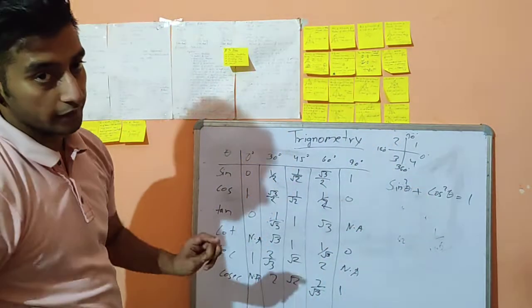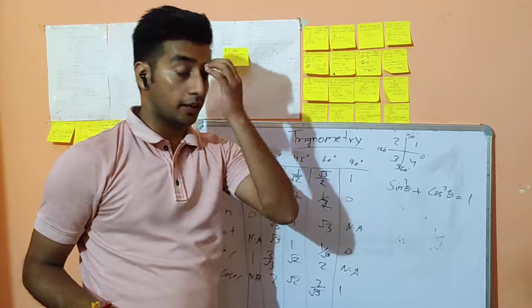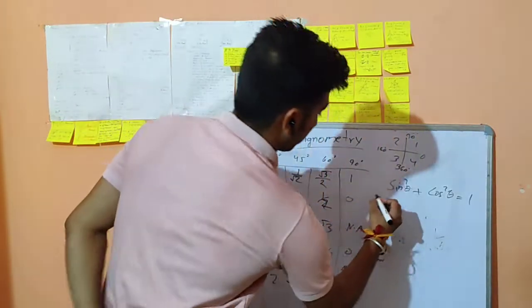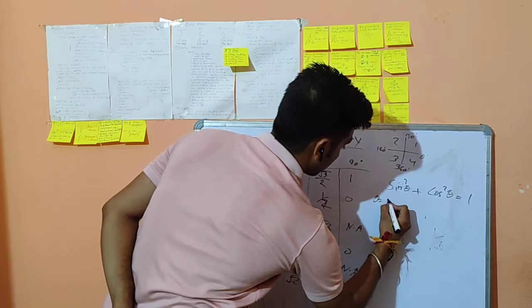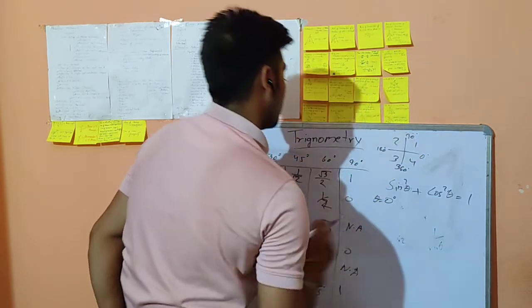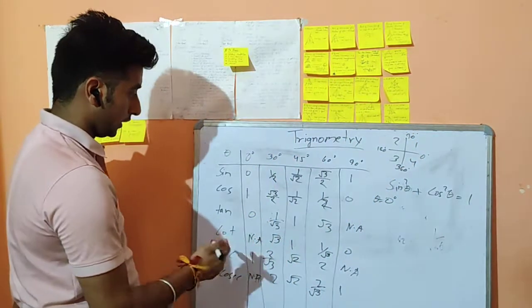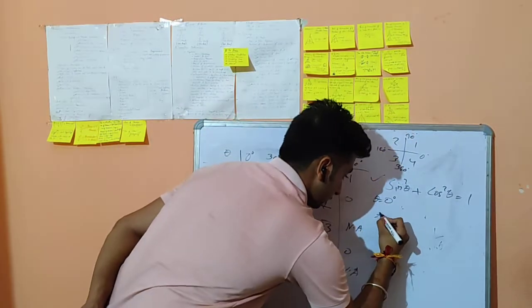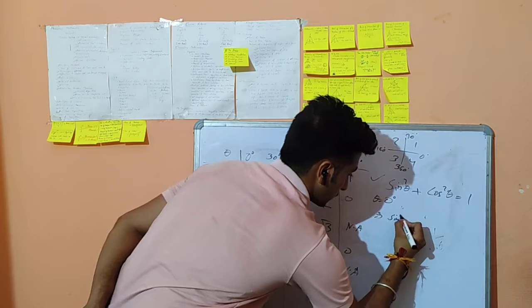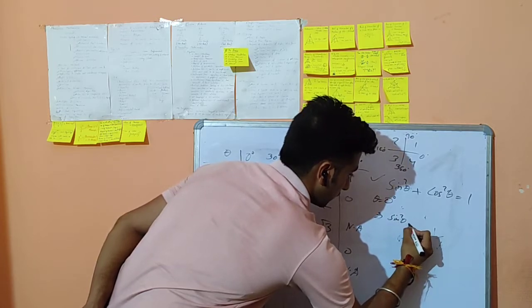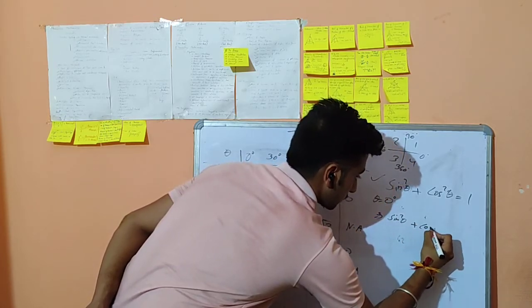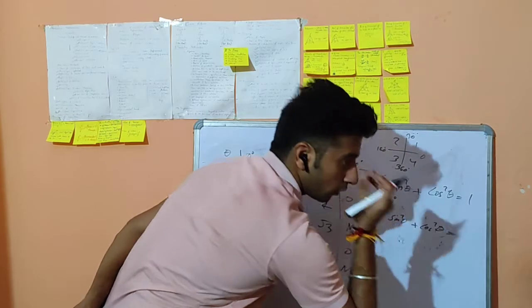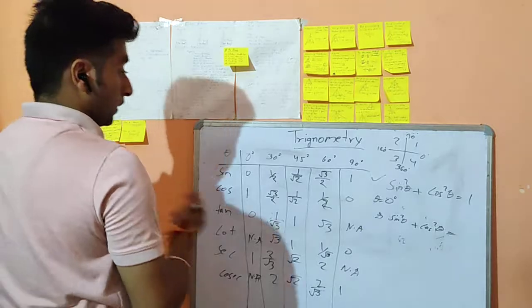Now I have to prove this identity. How can I prove this identity? Let's take a value of theta. If I take theta equals to 0 degree, I'll put 0 in this equation. So sine square 0 plus cos square 0 equals to what?